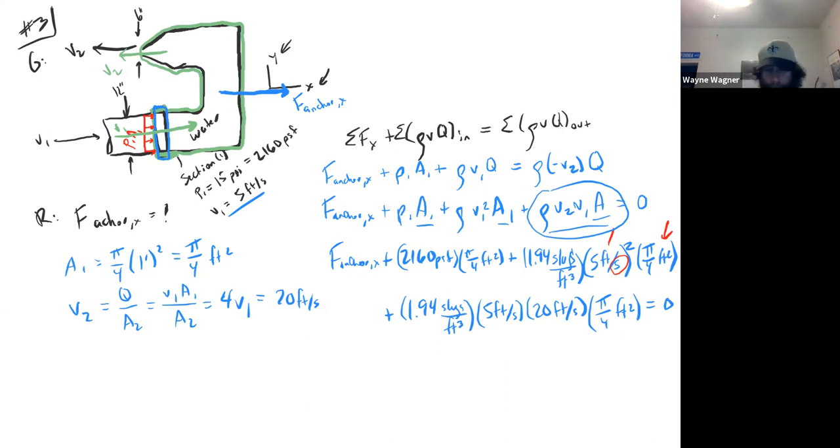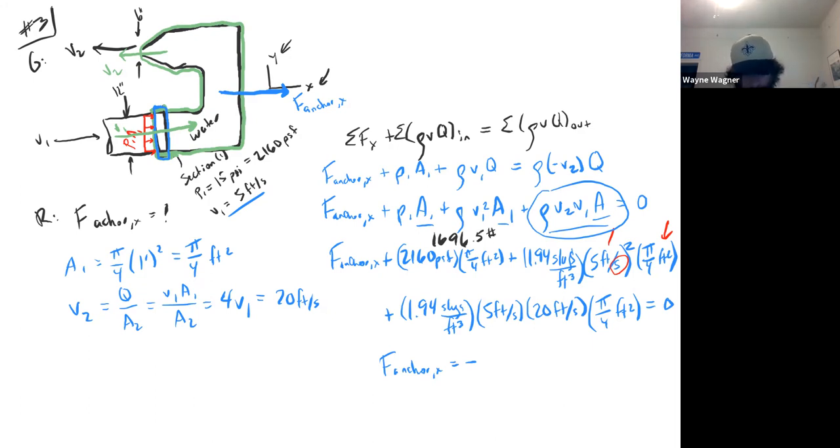Okay, notice based on all of these that the F anchor is going to be negative. And I'm going to go ahead and plug all these numbers in real quick. Times pi divided by 4 equals. So this one is 1696.5 pounds.